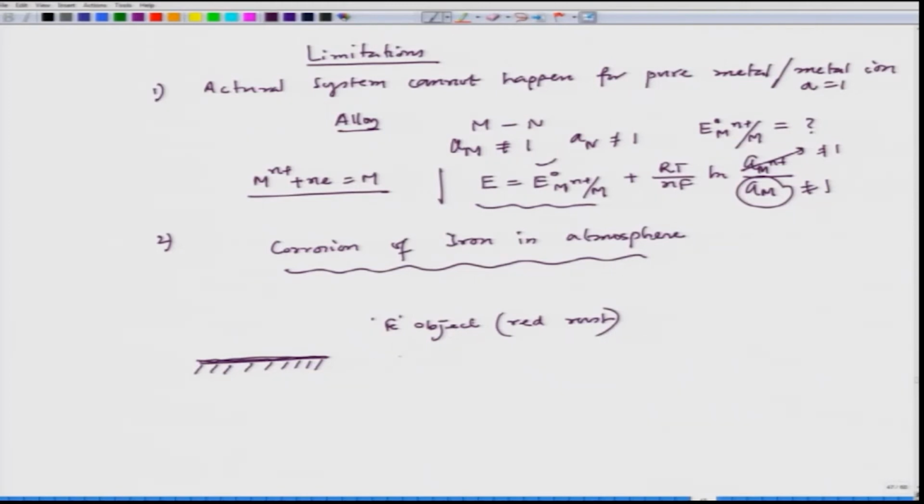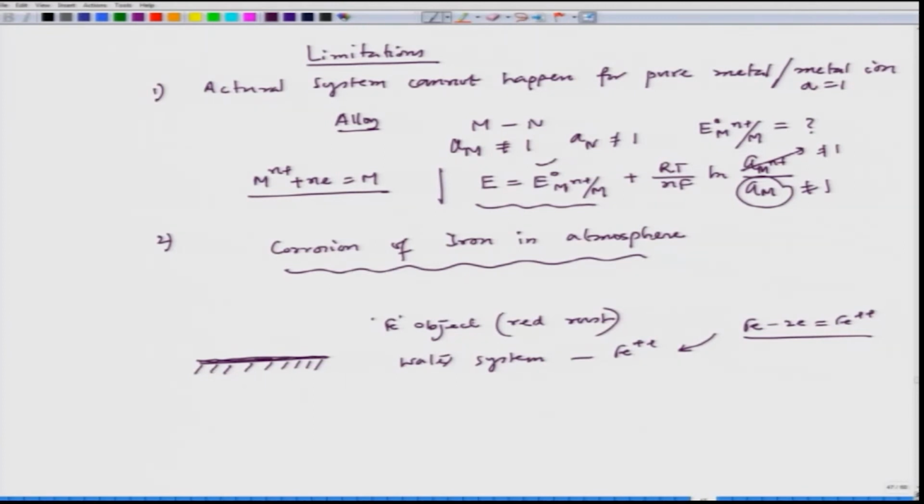Now, in the beginning, even if we take pure iron, in the water system we do not have iron ions, and later, of course, they come from iron by these reactions.